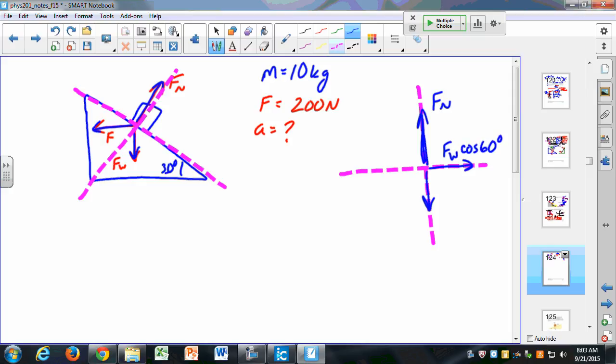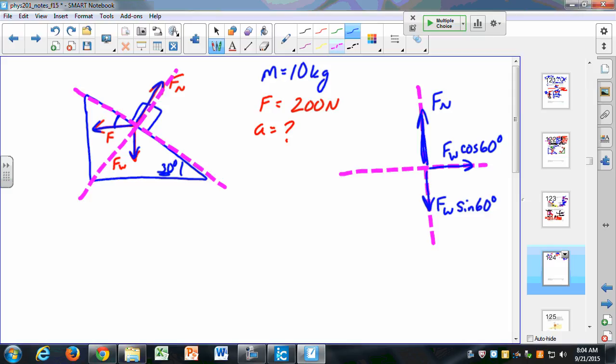And notice that I did not use this angle, that I did 90 minus that. This will be sine of 60. Hopefully everything to this point is eventually natural for you, because you're always going to have the normal force, you're always going to have the weight. It's going to be that other force that'll be a little bit different. All right, now I want to find the x and y components of this force F. What is this angle right here?